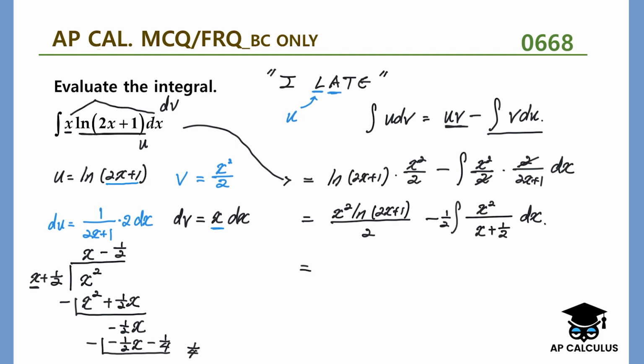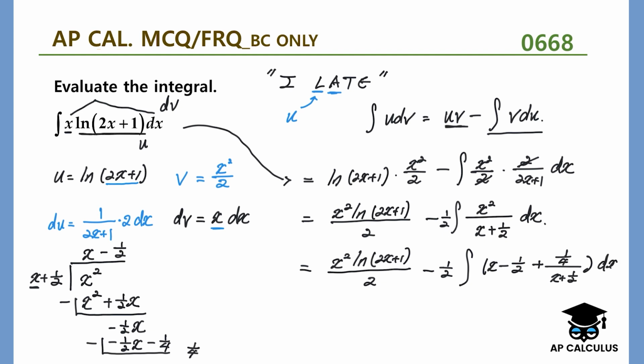So we can rewrite this expression. X squared natural log 2x plus 1 over 2 minus 1 over 2 integral. This is going to be quotient x minus 1 over 2. Remainder is positive 1 over 4, right? So plus 1 over 4 over x plus 1 over 2, right?